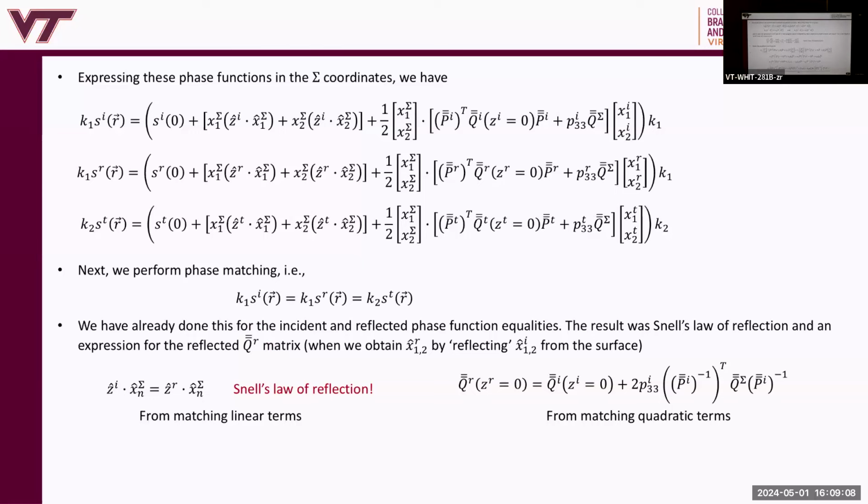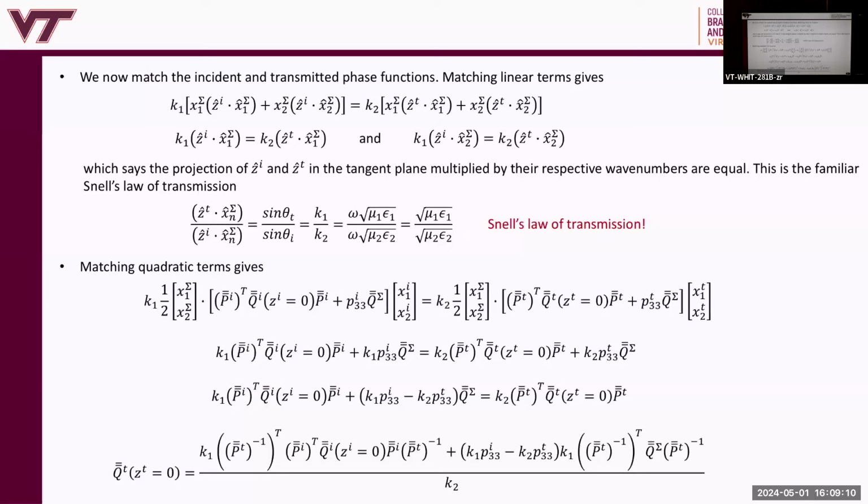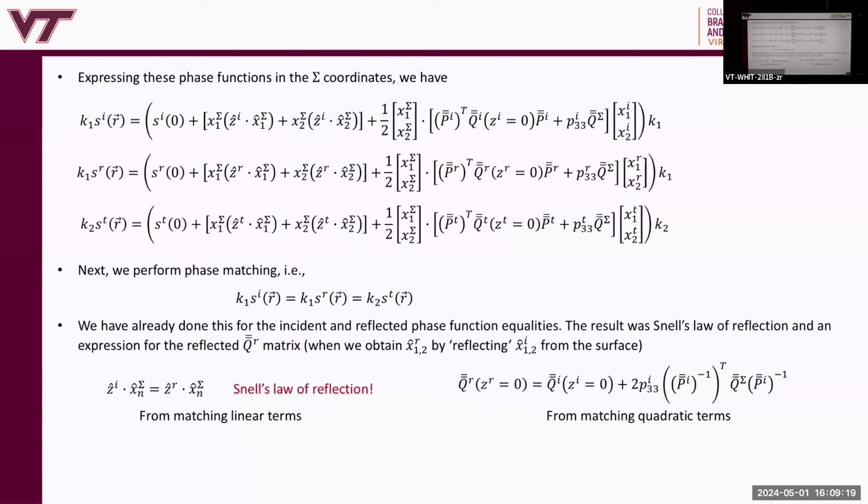Okay. Now let's do the transmitted wavefront phase matching with the incident field wavefront. So we now match the incident and transmitted phase functions. Matching linear terms gives us the following. If we go back here, the linear terms for the transmitted wavefront are these, and for the incident wavefront are these. We include the K1 which is appearing over here.